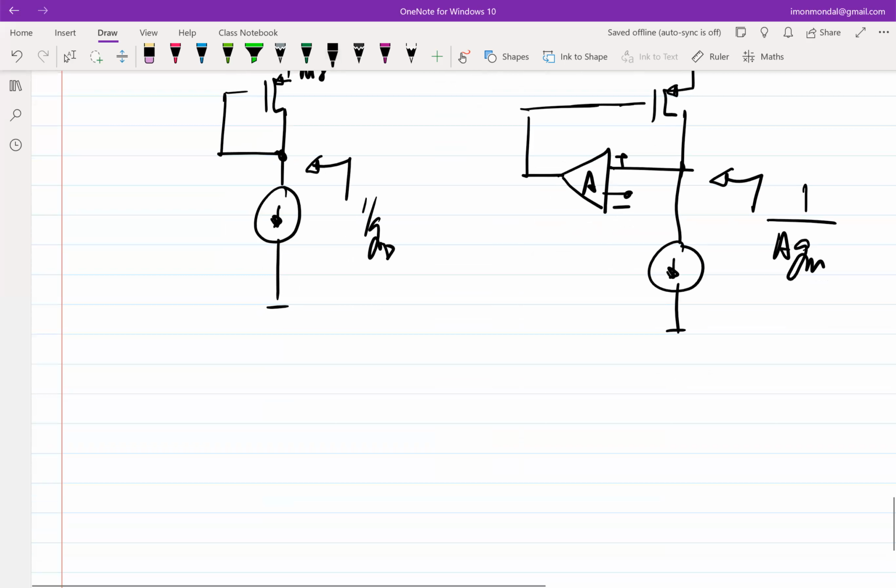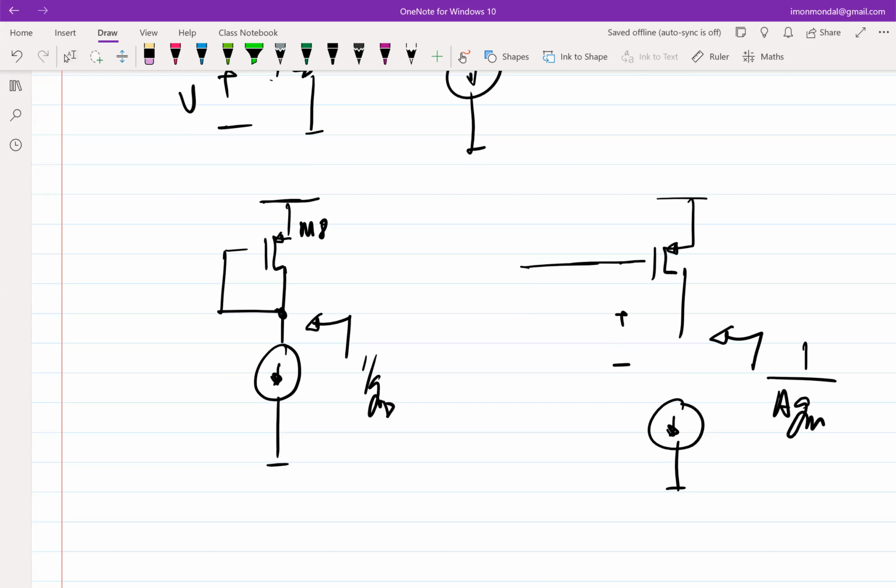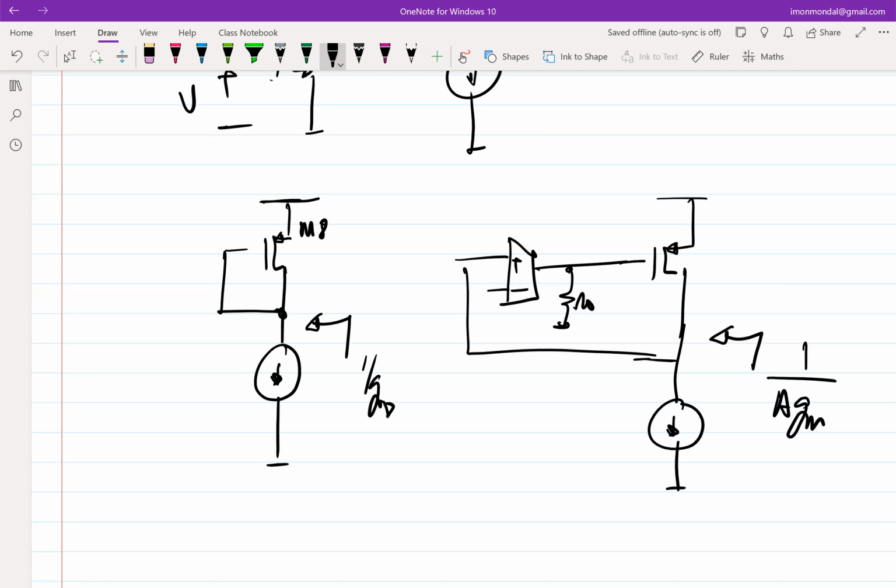Okay, so let me redraw this structure in this way. Same, right? Essentially redo. So instead of A, I'll put Gm, and it has an output impedance R0, which is R02 parallel R04.